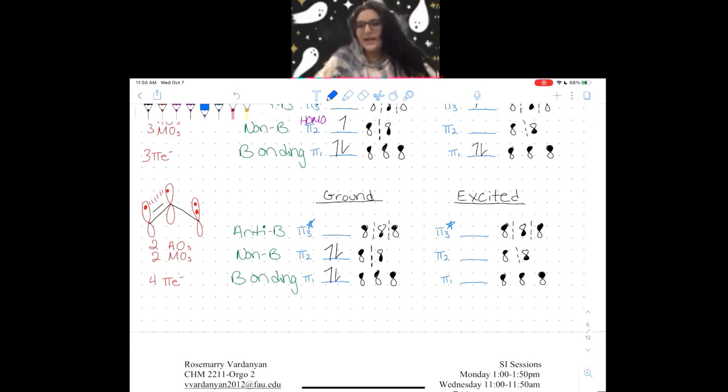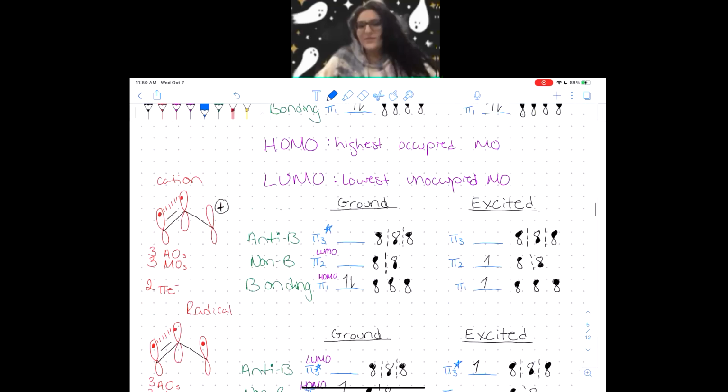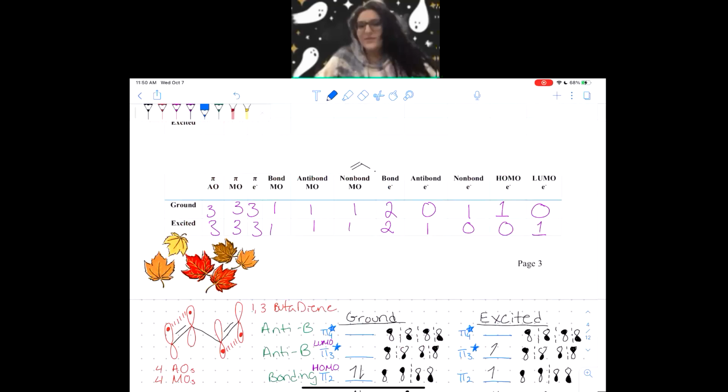And so someone had asked, why would it be 0 and 1 for the excited state? So let's go back up real quick. In the excited state, the 1 electron from the HOMO jumps up to the LUMO. So the HOMO is left with 0, and now that 1 electron that was in the HOMO is now in the LUMO orbital.